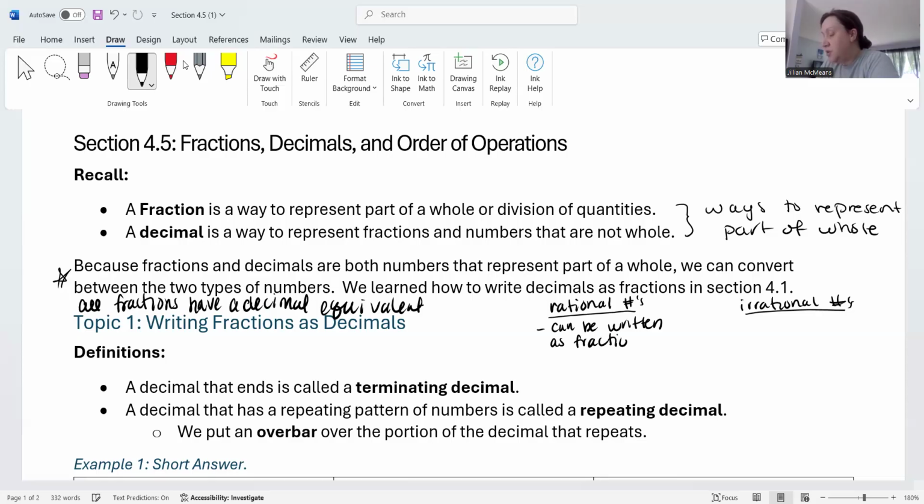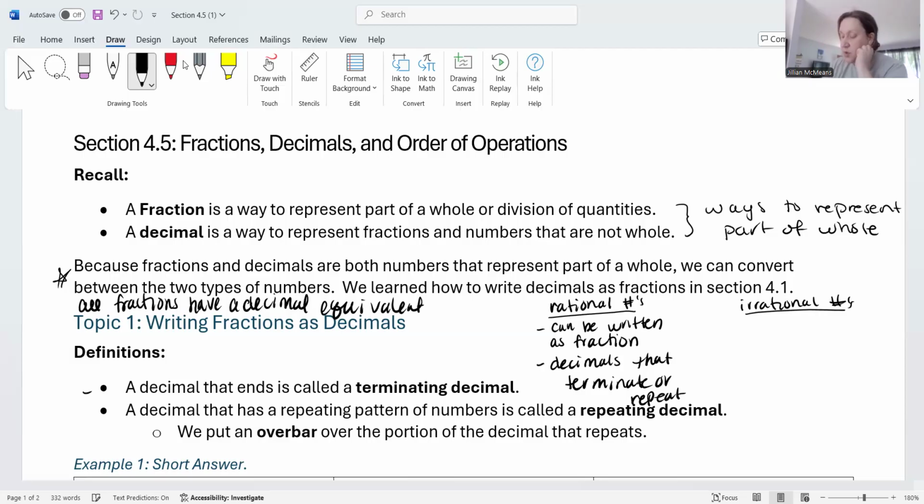And because rational numbers can be written as fractions, they are also going to have decimal equivalents. So remember, every fraction has a decimal equivalent. So these end up being decimals that terminate or repeat.